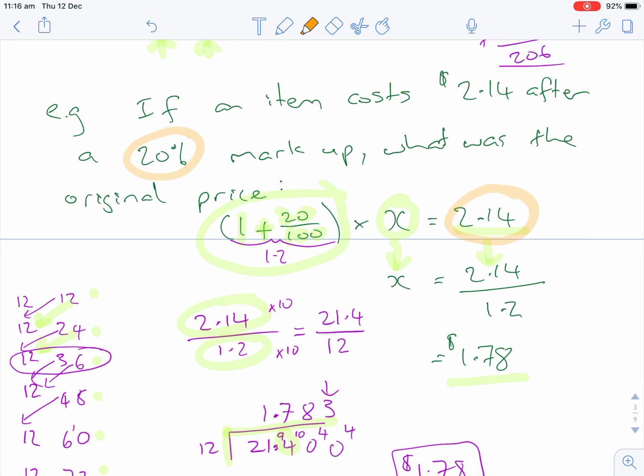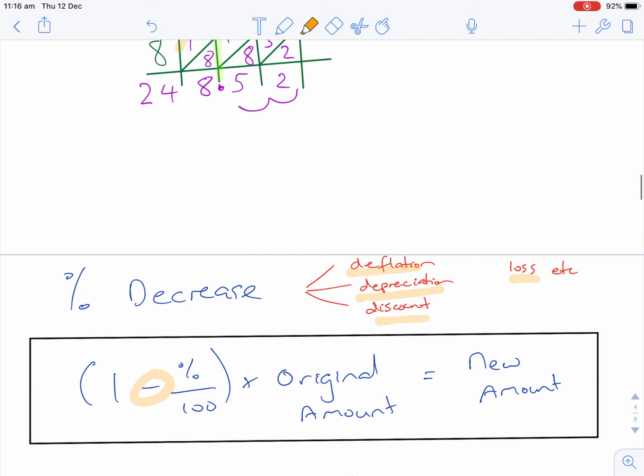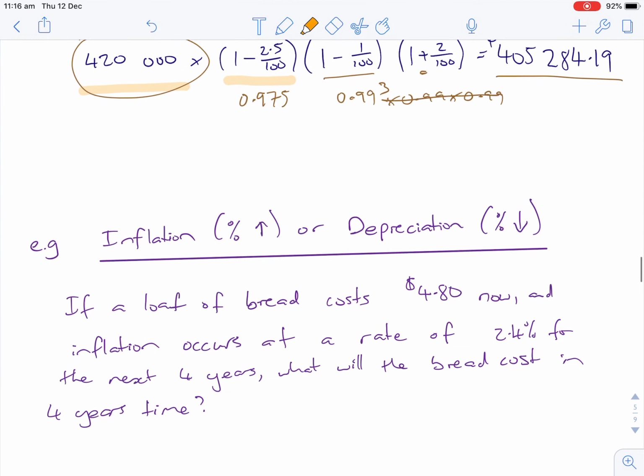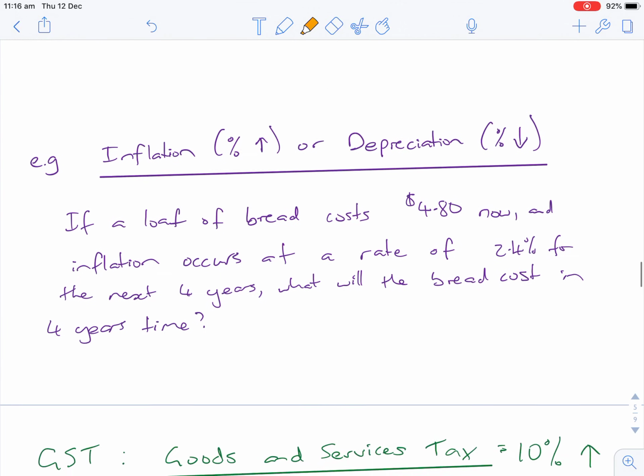That won't work because what you have found is 20% of the increased number, not 20% of the original number. And that's why we have to think through that process as if we were doing it from scratch and then undo that process. So it is a very common trap, so just keep an eye on that.